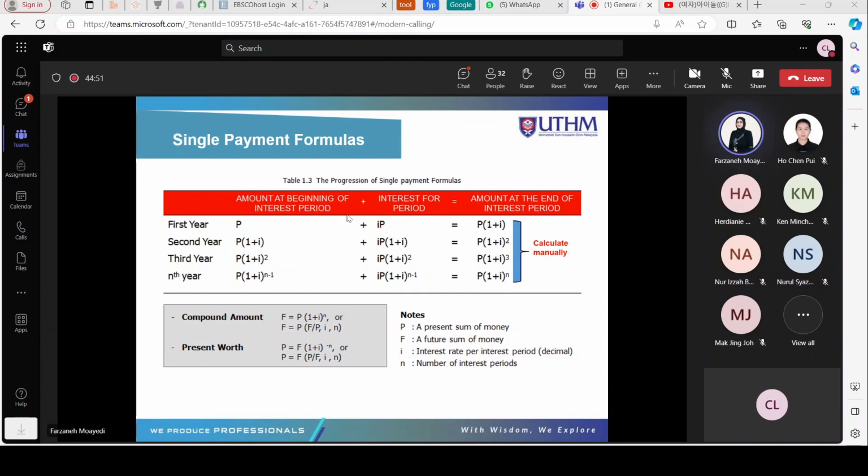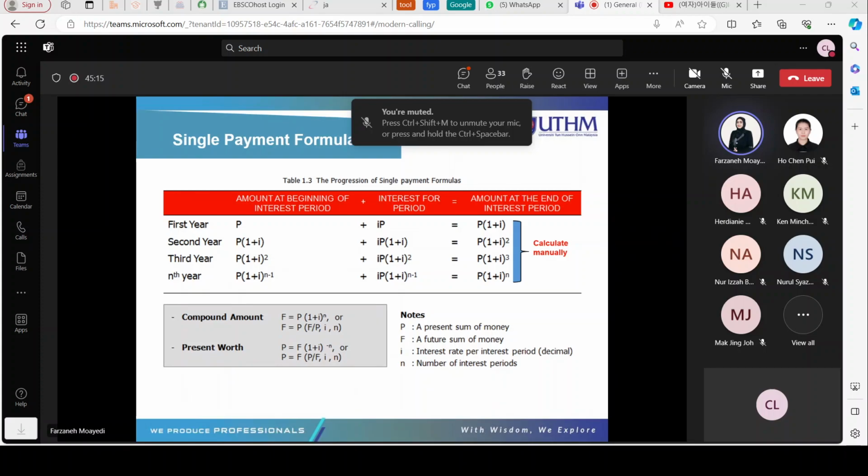We had two different types of interest. The simple interest was only that your principal never changed. The compound interest is exactly the one that you can see right in front of you, where your principal keeps on increasing.